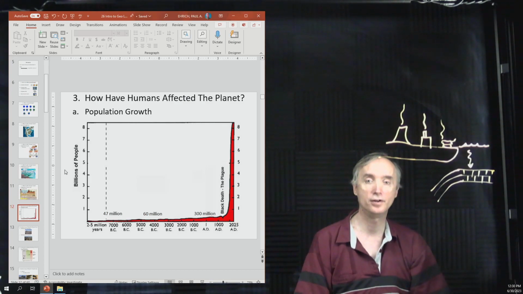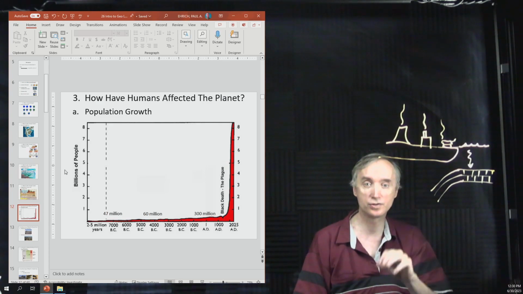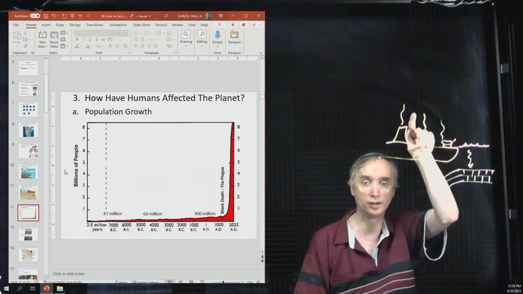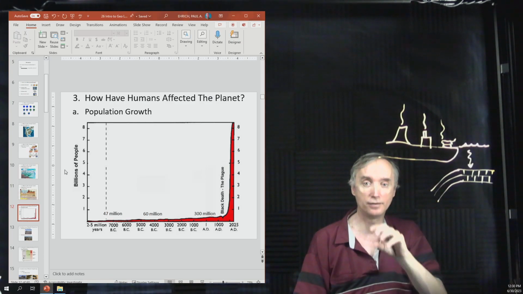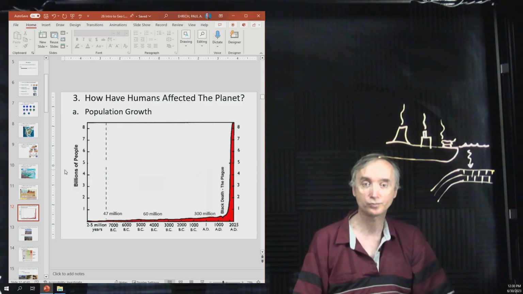This graph shows how human population has exploded. For tens of thousands of years, the population of the Earth was in the millions, and then in the 1700s is when it really took off, and you have this exponential increase in the population.